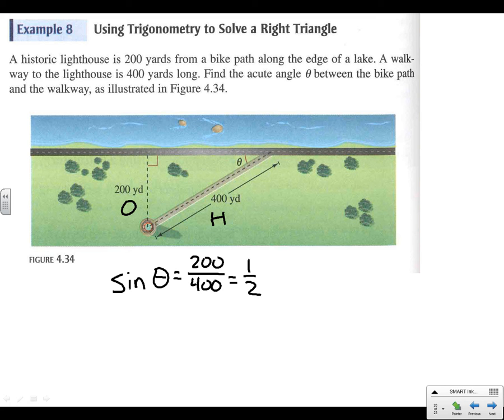There's a special angle where the sine is 1/2. That angle is 30 degrees. The only ones we know how to solve this for so far are 30, 45, and 60. We'll figure out later how to figure out that angle for any degree. But for right now, we just need to know 30, 60, and 45.